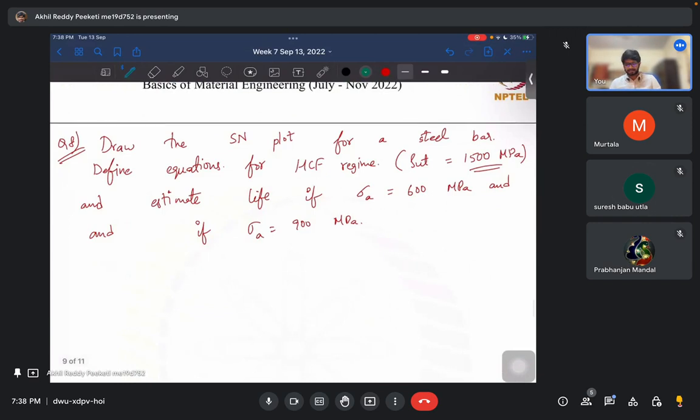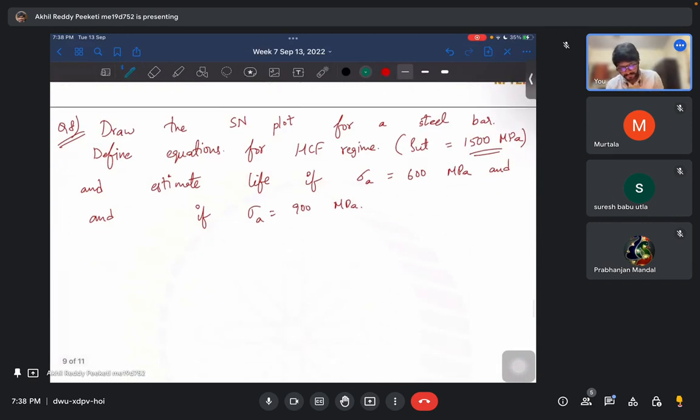Yes. Now next question. We have to draw the SN plot for a steel bar. Steel shows an endurance limit, so it shows a saturation kind of curve after 10 power 6 cycles. We need equations for the HCF regime. HCF means we are only looking at 1000 cycles and more, high cycle fatigue.